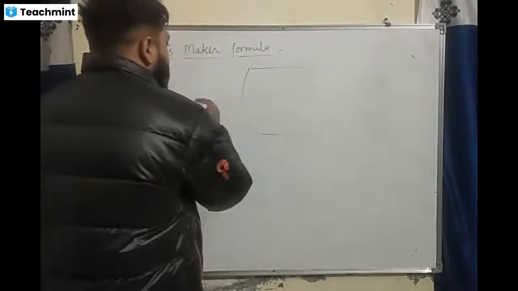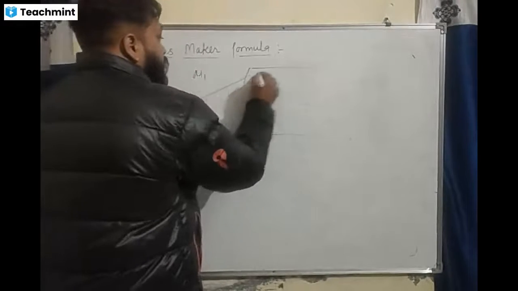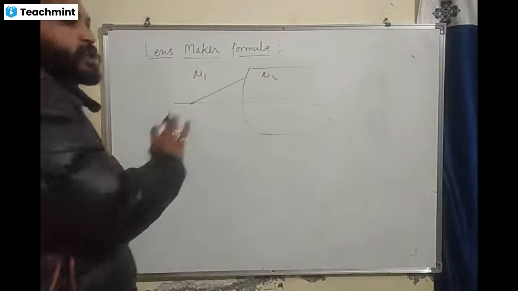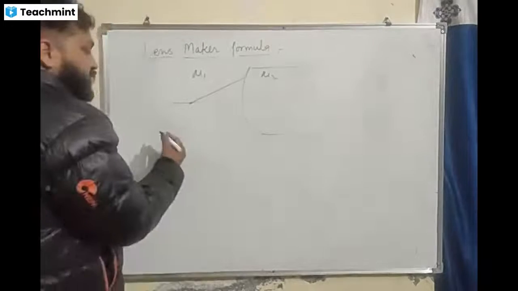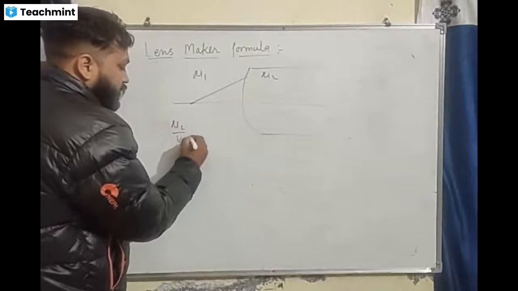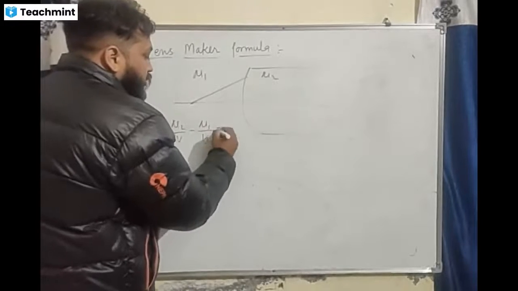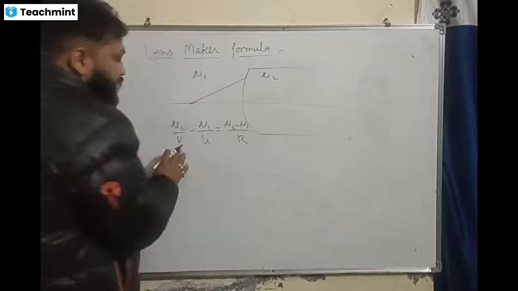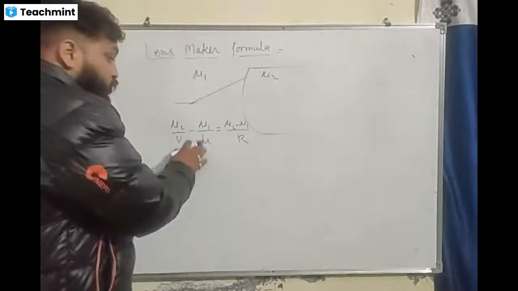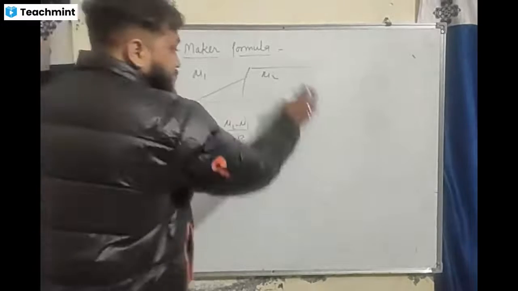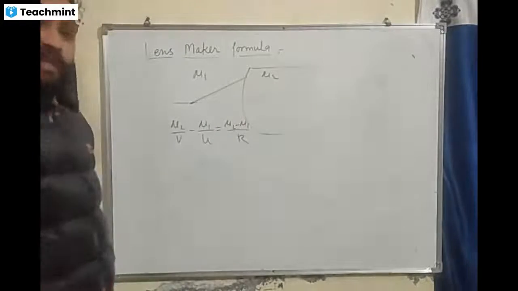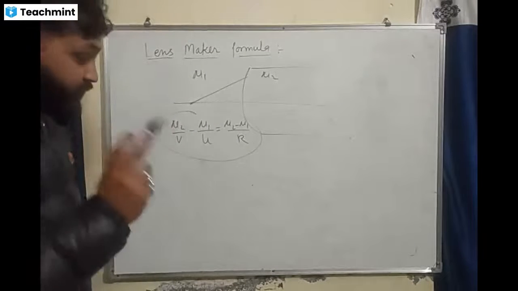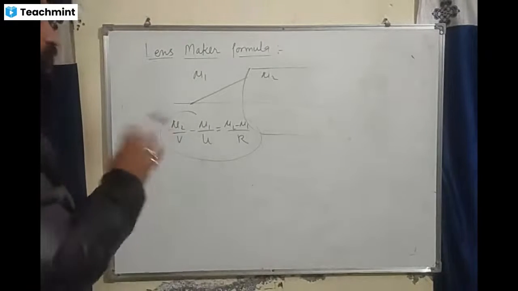Whenever light travels from medium 1 to medium 2, from rarer to denser or from denser to rarer, we get a relationship: mu2 upon v minus mu1 upon u equals mu2 minus mu1 upon r, where v is the image distance, u is the object distance, and r is the radius of this spherical surface. This is the formula for refraction through a spherical surface.